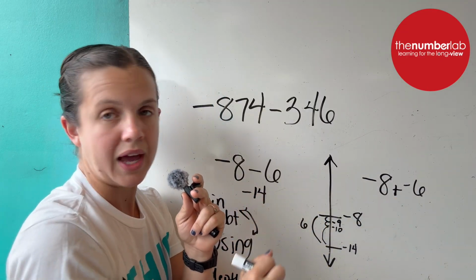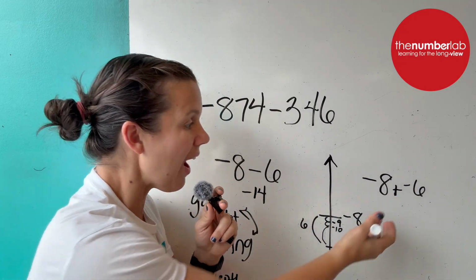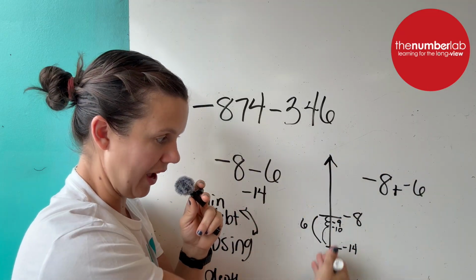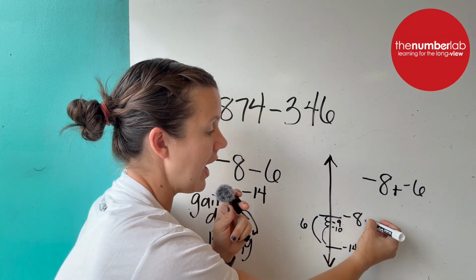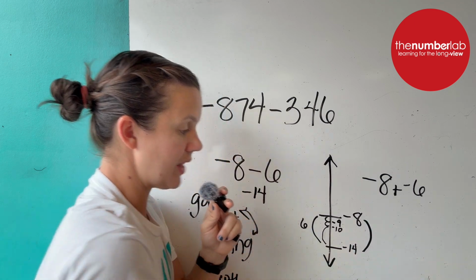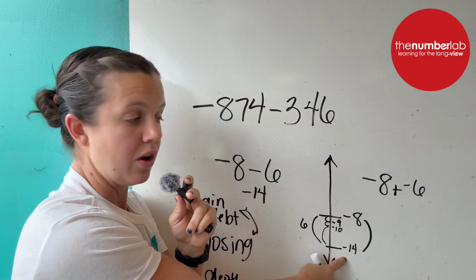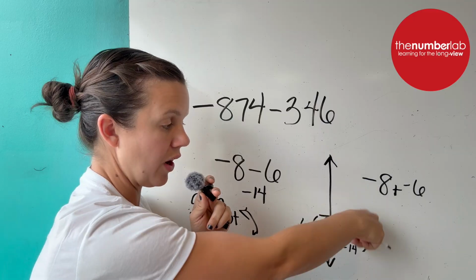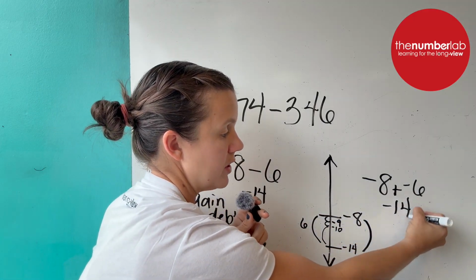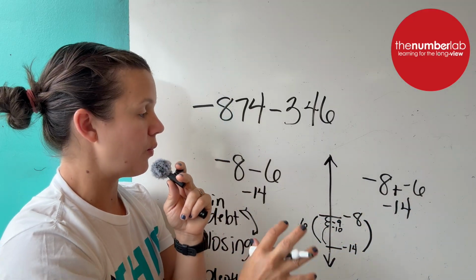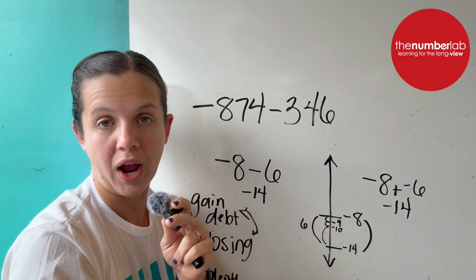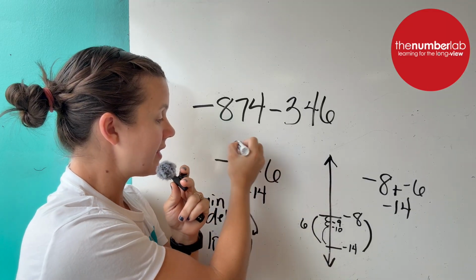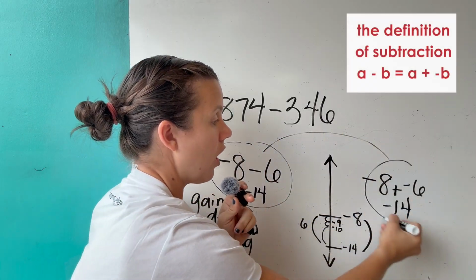Debt and more debt. I was already losing, and now I'm losing even more. We're going down on the number line. So I have a debt of 8, and I'm going to go down, and you'll notice that we end up at the same place. We've increased our depth. We've gone deeper. This is also a debt of 14. So when we're establishing this concept of subtraction, we really make this connection that these two expressions are equivalent.